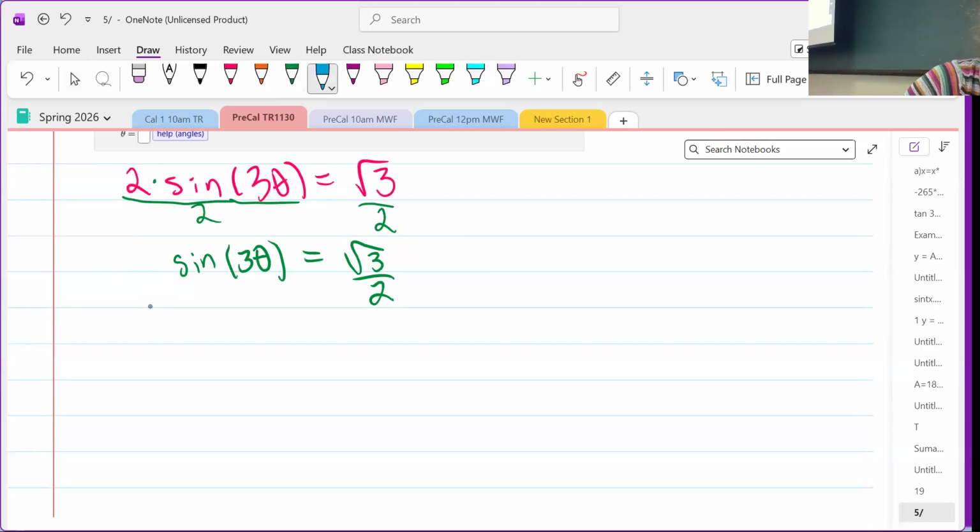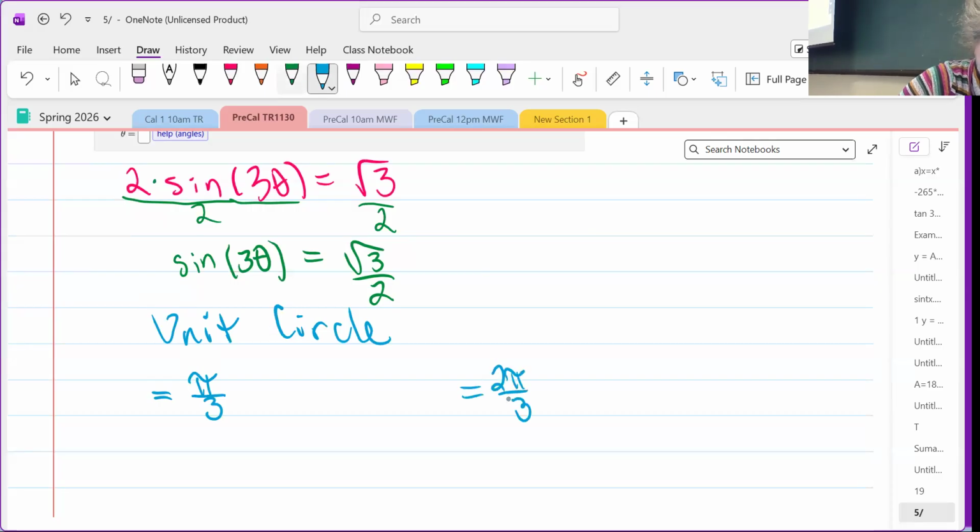So this is where I'm going to go look at my unit circle. The sine is square root of 3 over 2 at pi over 3 and at 2 pi over 3, because sine is positive in quadrant 1 and quadrant 2.